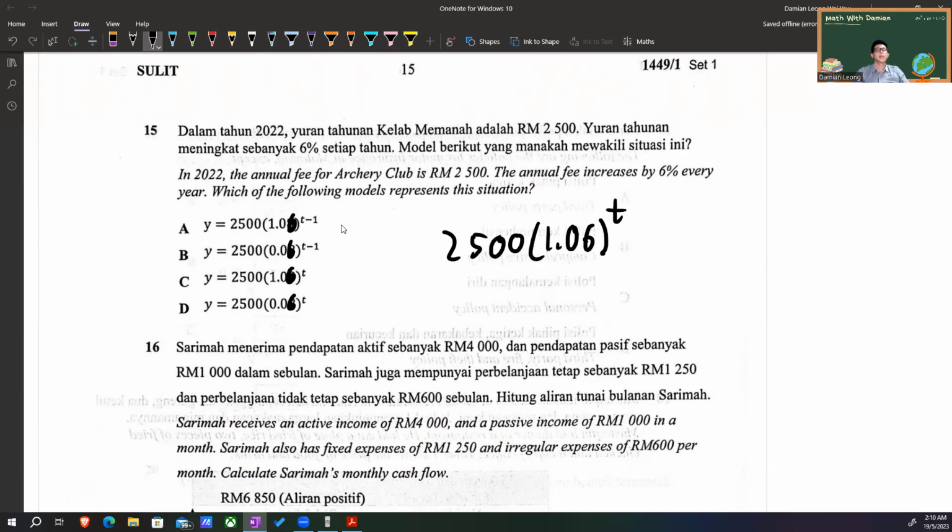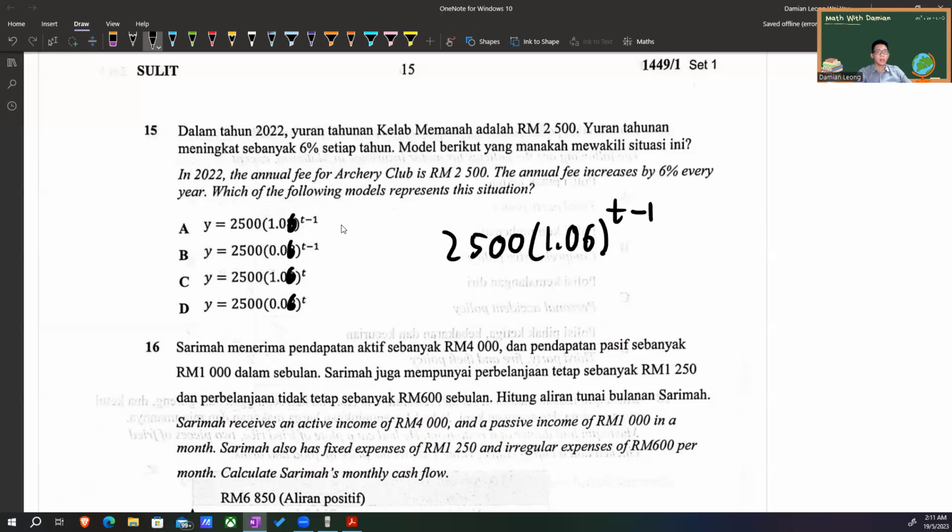So whether it's t or t minus 1 actually depends on whether you consider 2022 as the first year or not. If time is represented by which year it is, it starts from t equals 1 for 2022, then I have to minus 1.